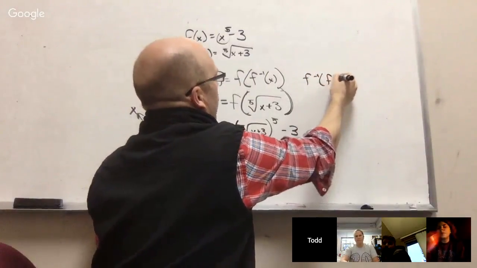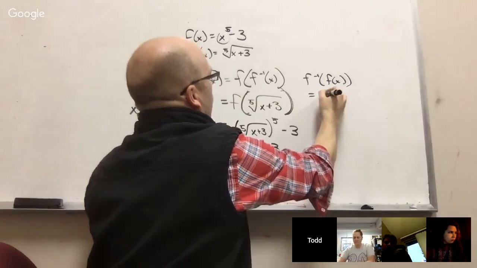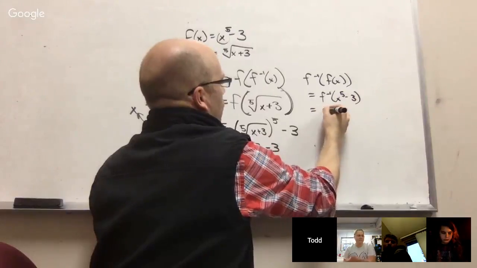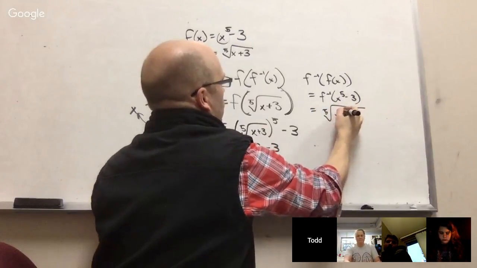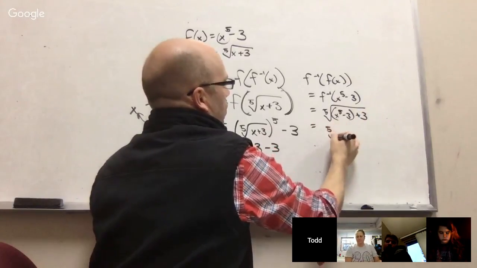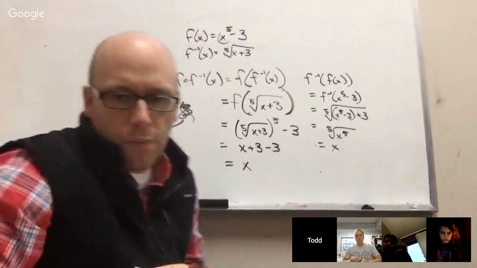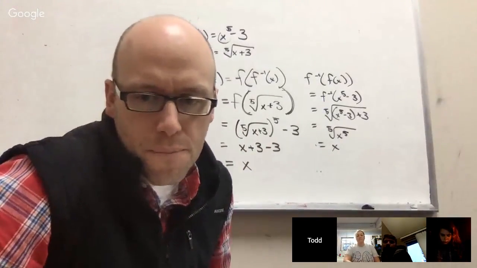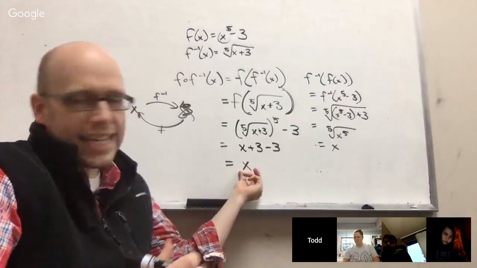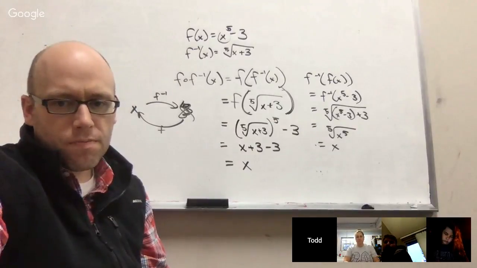F inverse of f of x is f inverse of x to the 5th minus 3. So we take the 5th root of x to the 5th minus 3 plus 3. That's the 5th root of x to the 5th, which is just x. So when you compose a function and its inverse, it always just gives you the identity function, just x.